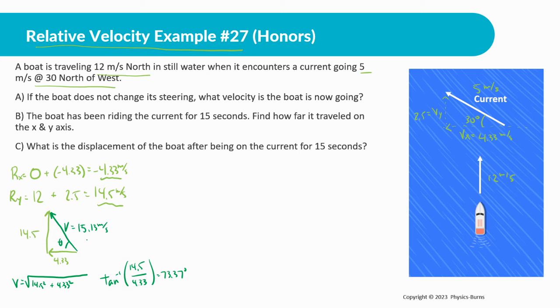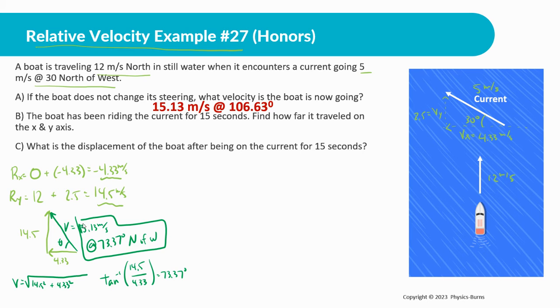Okay, so I can say 15.13 at 73.37 degrees. And what's that going to be? North of west. Okay, so that's my answer for part 1. Another way of doing it is 106.63 degrees.